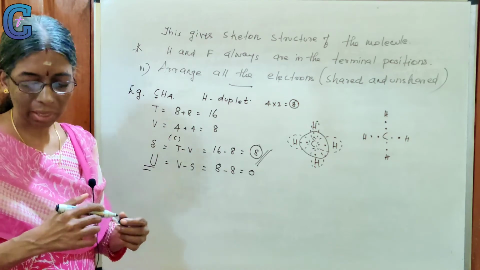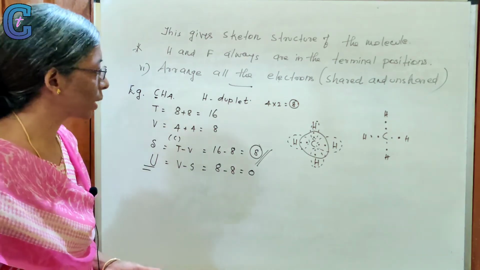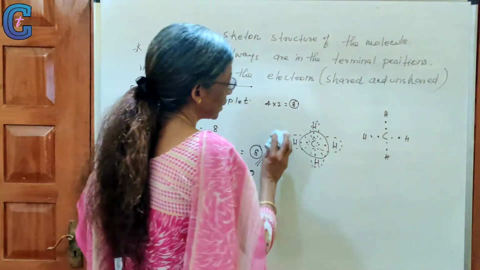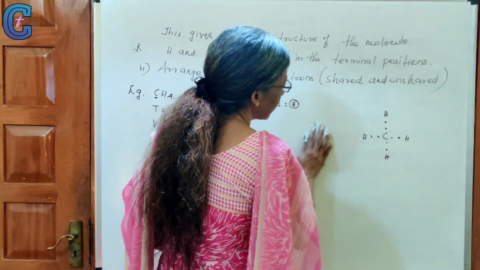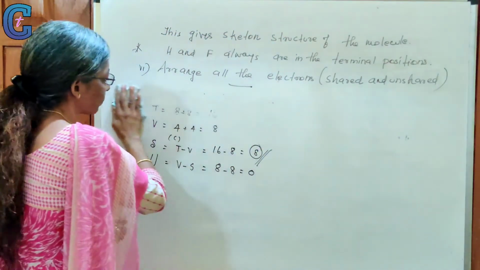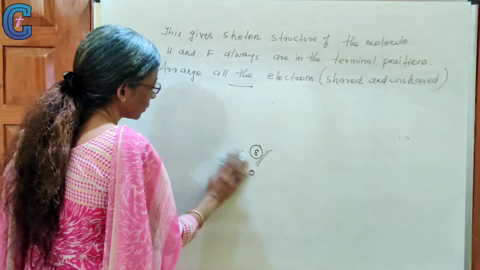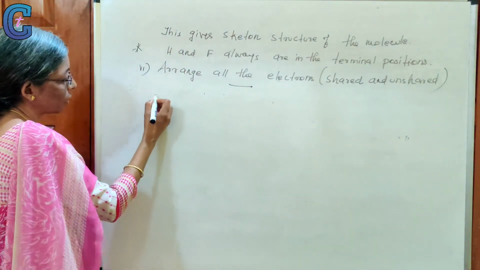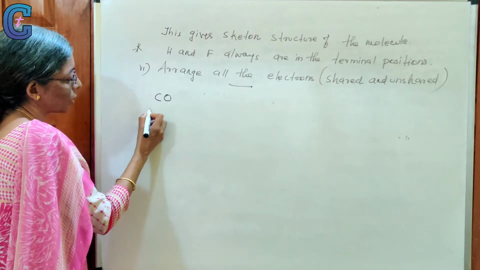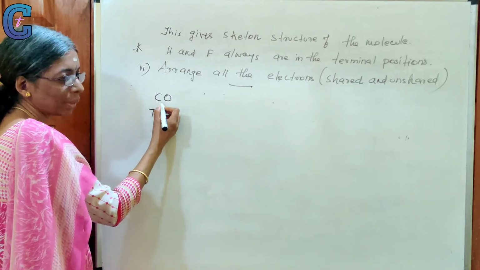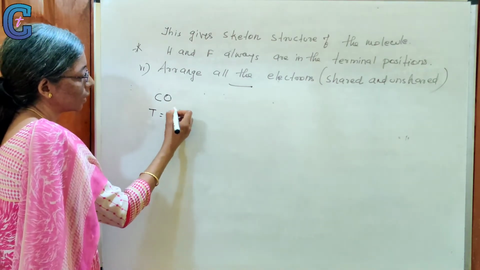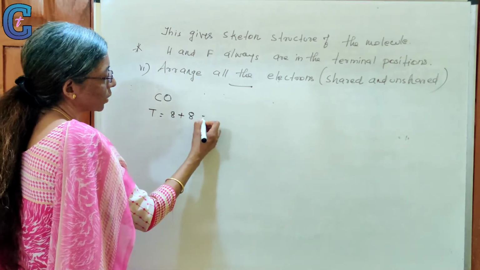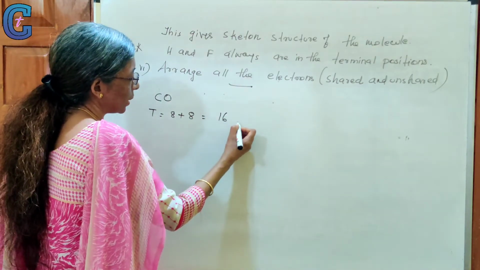Now we go for another example, carbon monoxide, CO. Total number of electrons: carbon 8, oxygen 8, so the total is 16.